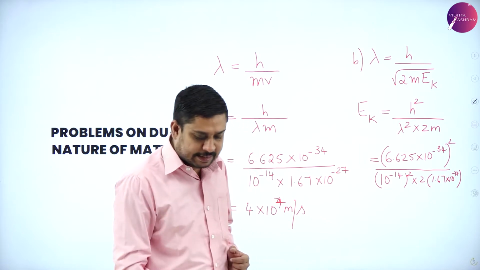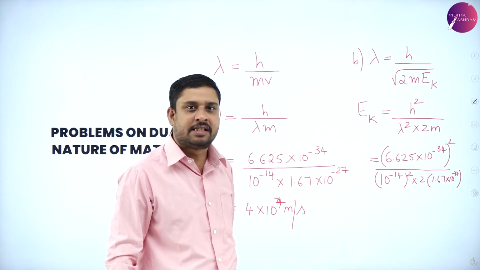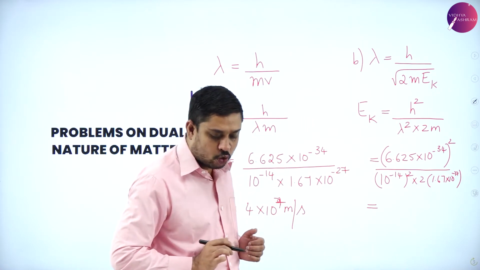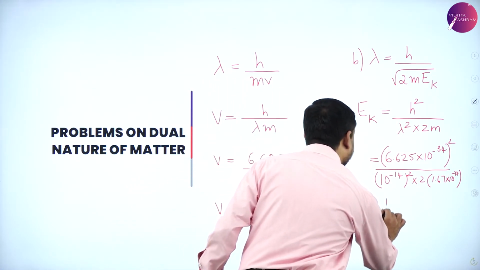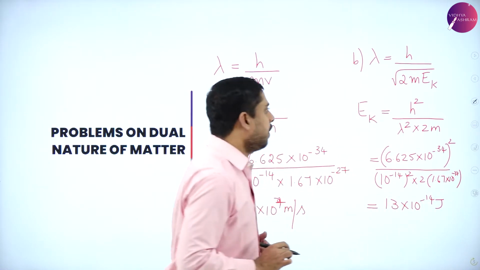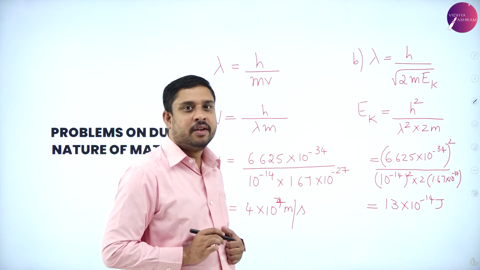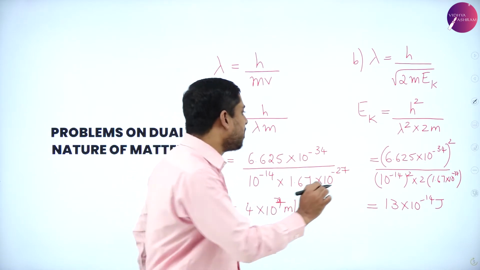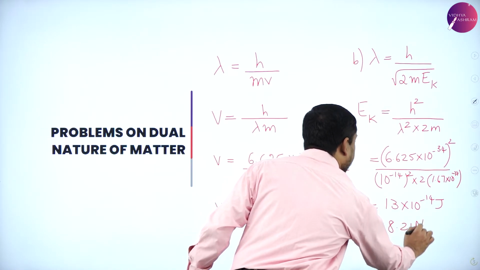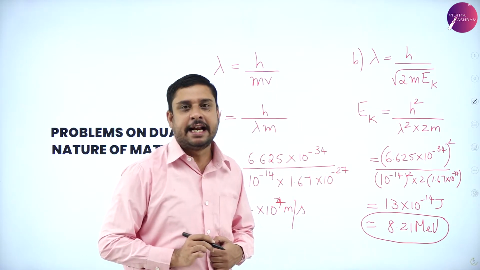Now all of you have a simple calculator. When you simplify this, the answer will be in terms of joules. You get it around 13 into, but nuclear scale energy is electron volt. Divide by the charge of the electron. So this is 8.21 MeV. So this is the energy of the neutron.